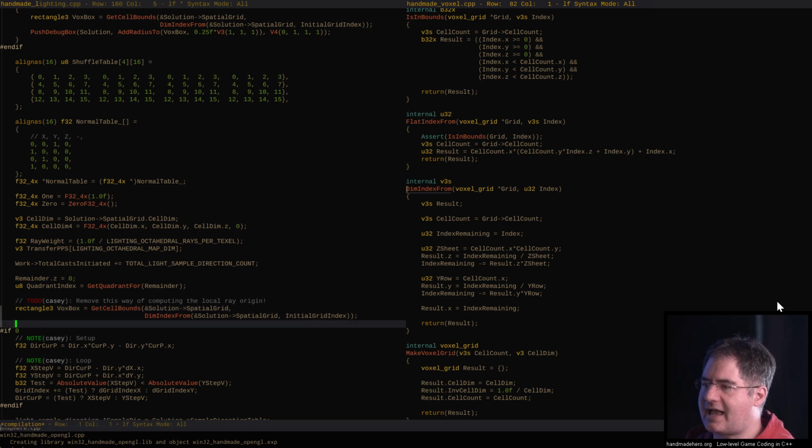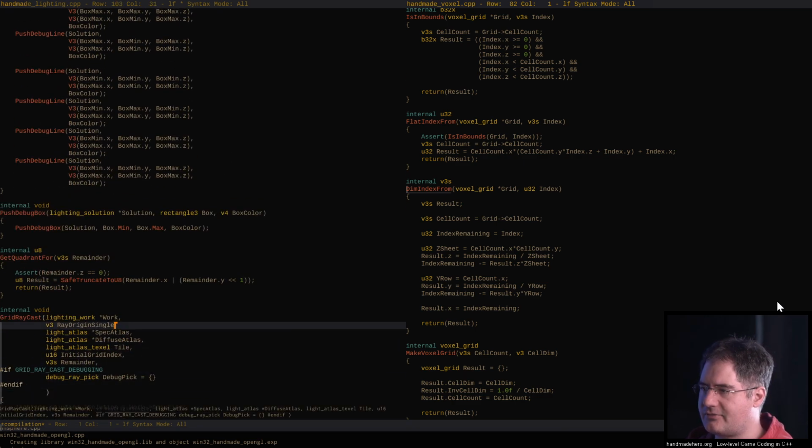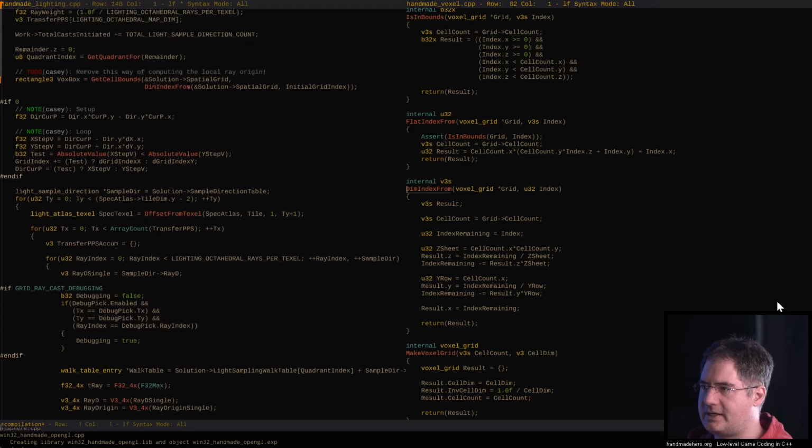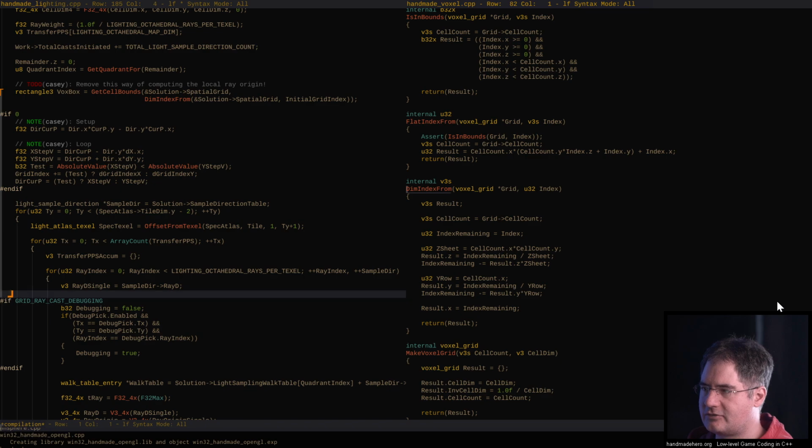So again, our entire goal is to compute dir cur p. We know the direction x and direction y always because that's just the ray direction, right? And for the ray direction, we have ray origin single, and the ray direction is going to be coming from this when we select this piece out. So it's ray d single, this right here.